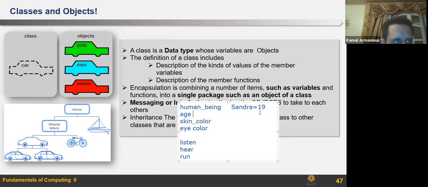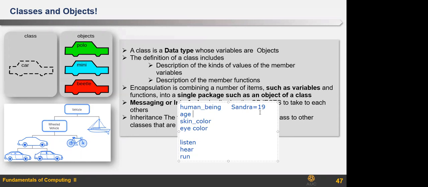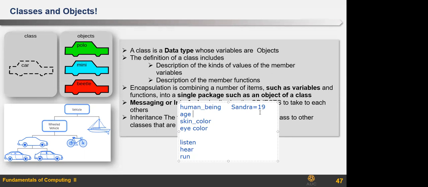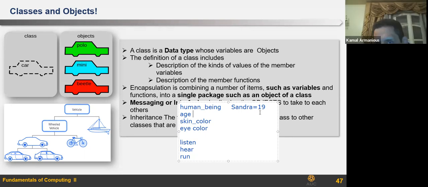If I tell you Pepsi, is this an object or a class? An object. Yes, an object. If I tell you a calculator, is this a class or an object? Class.